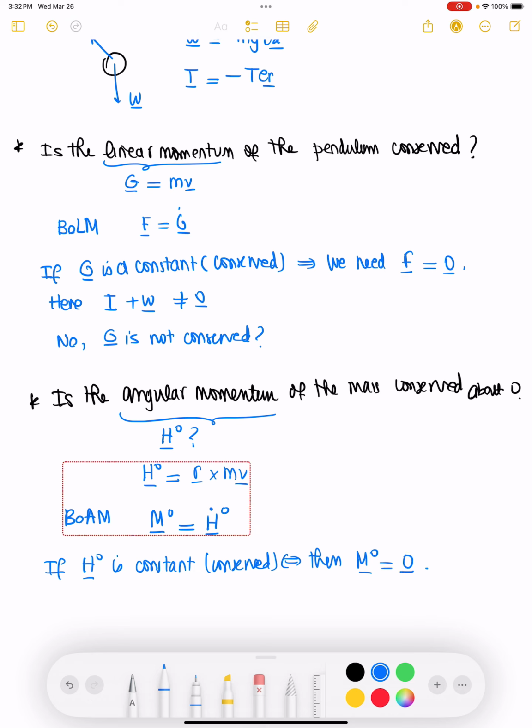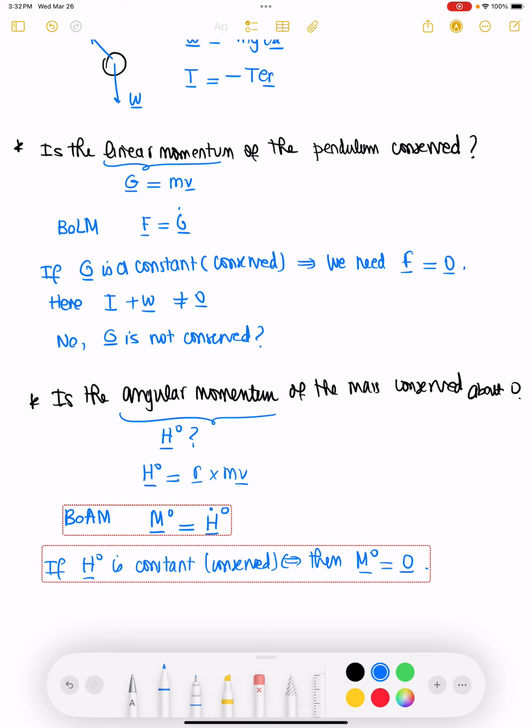So to show that the angular momentum about O is conserved, we need to show that the sum of moments about O is equal to 0. And if that's not the case, if the sum of moments about O is not equal to 0, then the angular momentum of the system is not conserved.